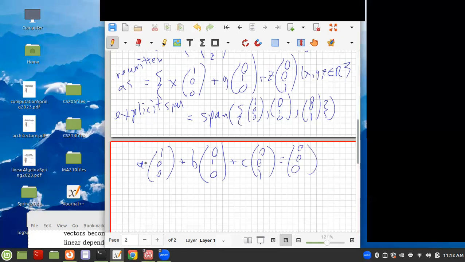Well, you can see, because the first equation is just a plus 0 equals 0, so a is 0. The second row is 0 plus b plus 0 equals 0, so b is 0. And the third row is 0 plus 0 plus c times 1 equals 0, so c is 0.